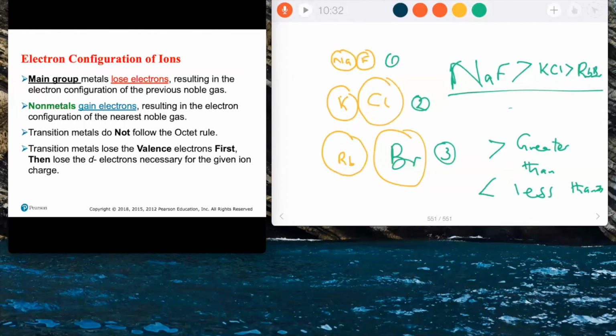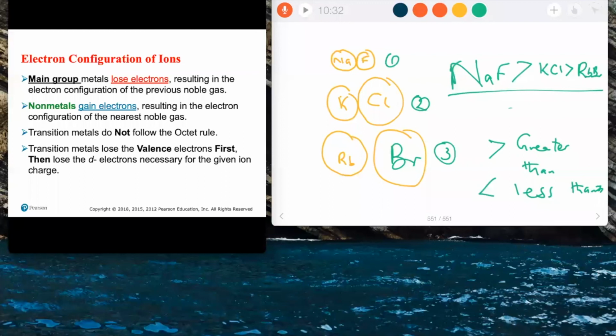Now, having come through the 3 methods of writing electron configuration, you should be well-rounded in all the 3. We are using that as the foundation to write the electron configuration of ions, and ions are either positively or negatively charged, which means a negative charge means you have added extra electrons.